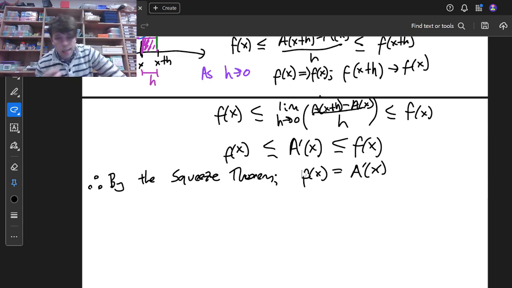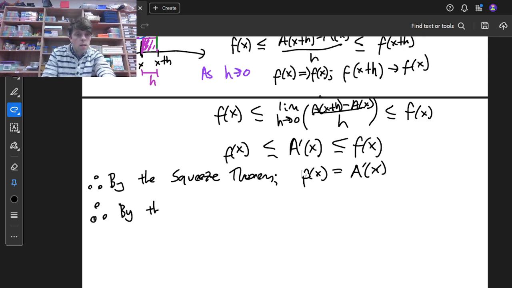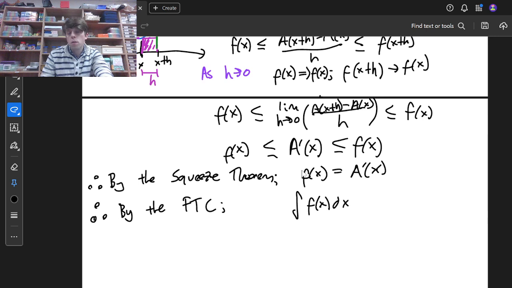Okay, so where does this leave us? Well, if we can say that the function f is equal to the derivative a dash x, this implies, by the fundamental theorem of calculus, that the integral of f of x between these particular points, which in this case was just any two particular points on the curve, it doesn't really matter, is going to be equal to a of x, because of course the integral of the derivative is the original function.